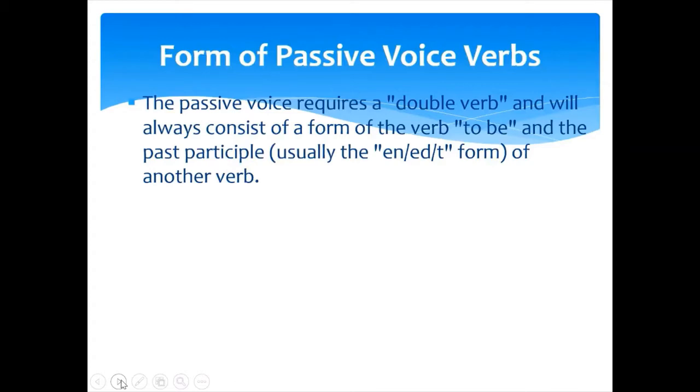Here it says that the verbs in a passive voice form will usually need a form of the verb to be and the past participle. That is usually a verb that ends in n or ed.